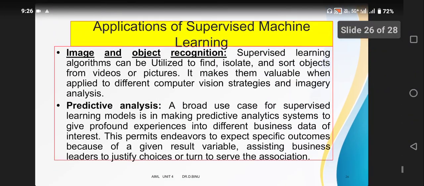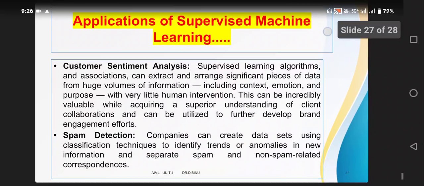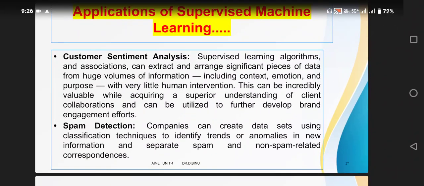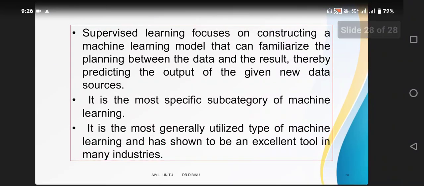Some other applications of supervised machine learning are image and object recognition, predictive analysis, customer sentiment analysis, and spam detection. Supervised learning focuses on constructing a machine learning model that can learn the mapping between the data and the result, thereby predicting the output for new resources.